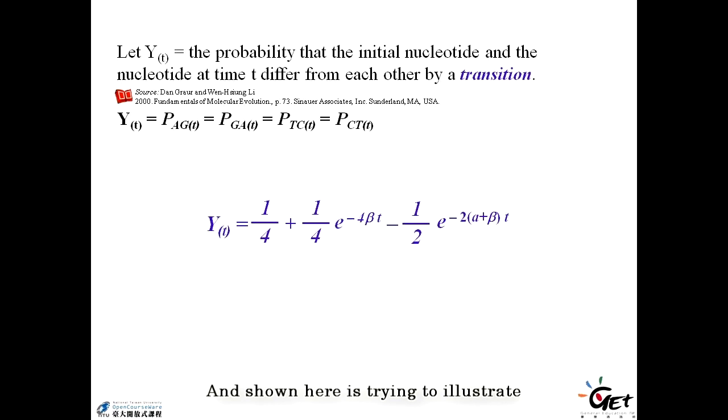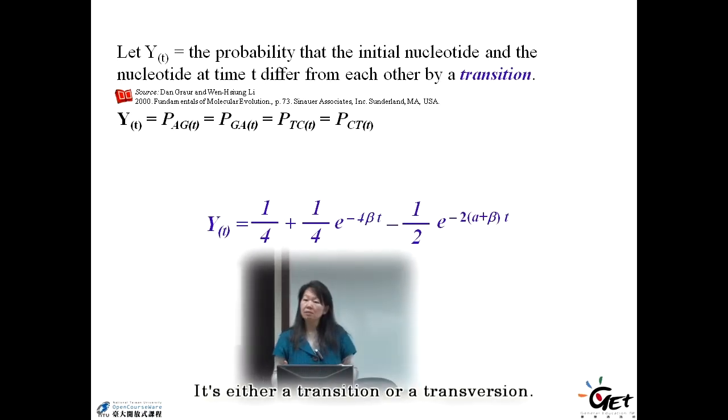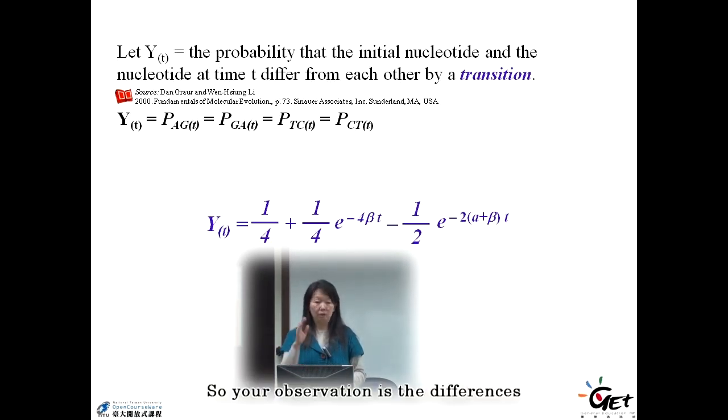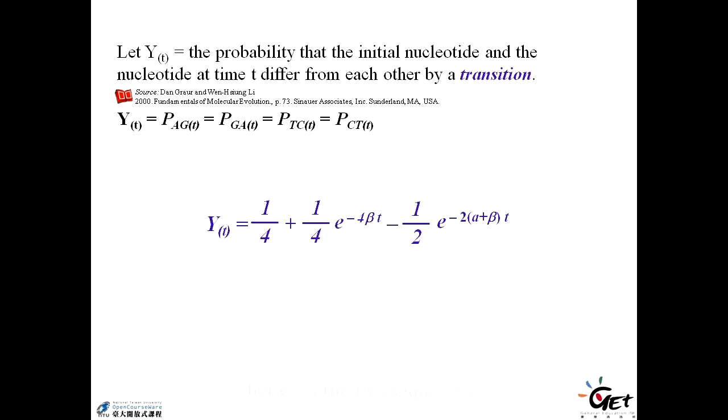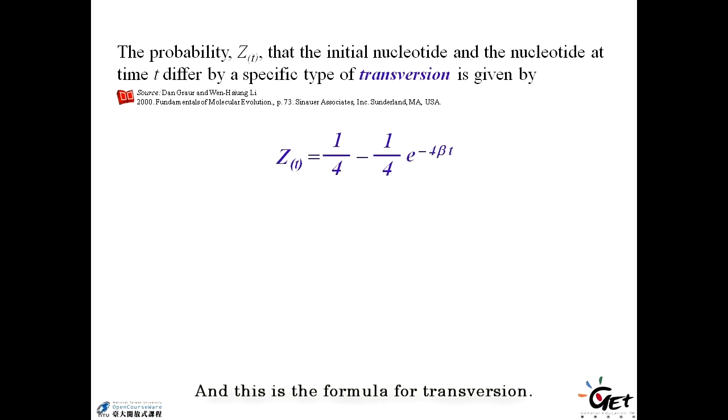Shown here, the probability could be A to G, G to A, or T to C, C to T, if we are concerned with all the transitions. And of course, similarly, you can focus on the transversions. There are only two different types: it's either a transition or a transversion. So what you observe is the differences between the two sequences. And this is the formula for transversion.